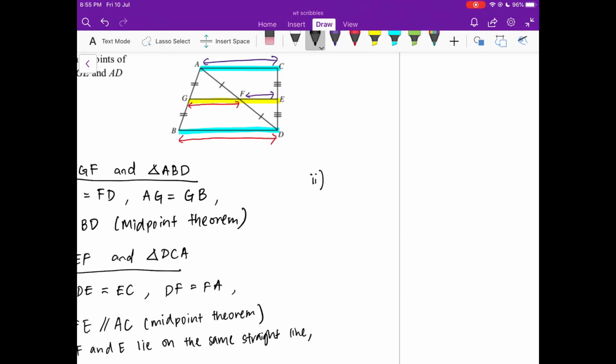Since AG equals GB, this is given, and AF equals FD, given in the question, GF is half of BD. This is the midpoint theorem.